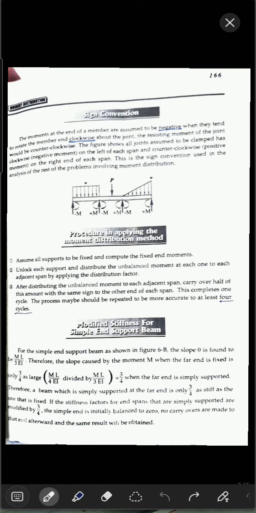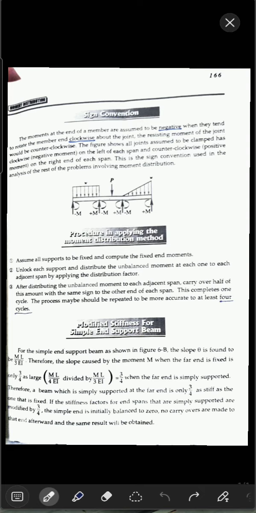After distributing the unbalanced moment to each adjacent span, carry over half of this amount with the same sign to the other end of each span. This completes one cycle. The process should be repeated, to be more accurate, to at least 4 cycles. So you can repeat the cycle.